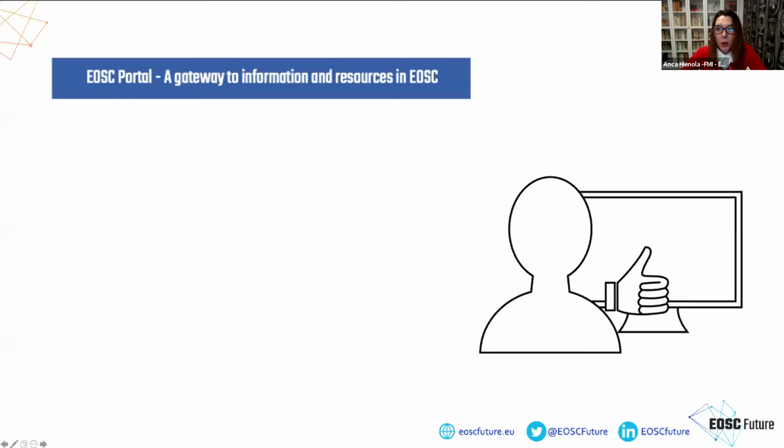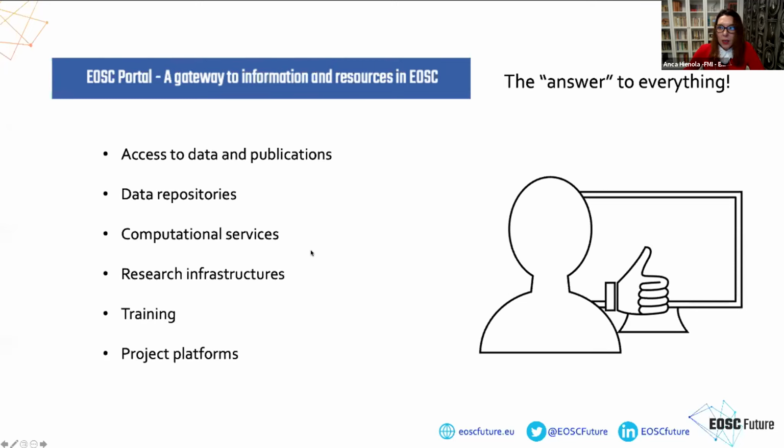You have been brought up to date with the existence and also the capabilities of the EOSC Portal. So here is the deal. For you, the researchers, the EOSC Portal should become the answer to all of your actions supporting your science journey, such as access to data and publications, repositories, computing, research infrastructures, physical and virtual services, training, project platforms, and we can continue with the list.